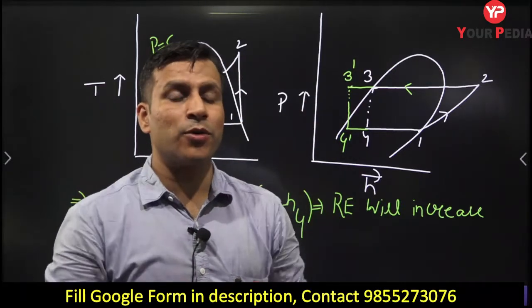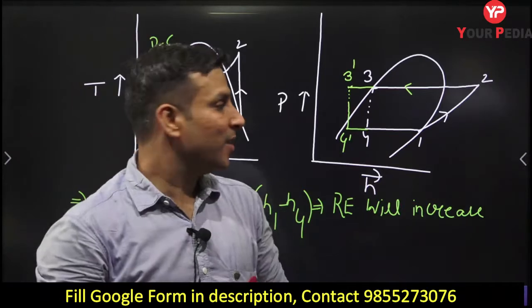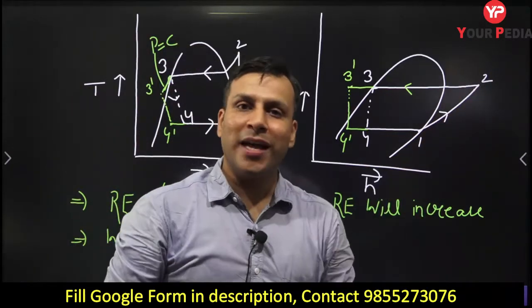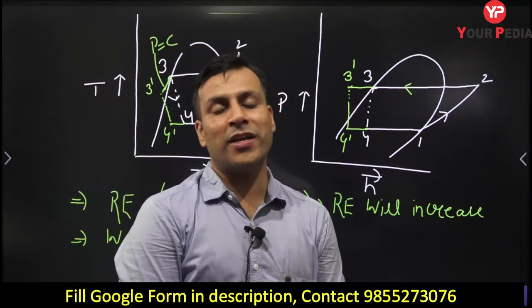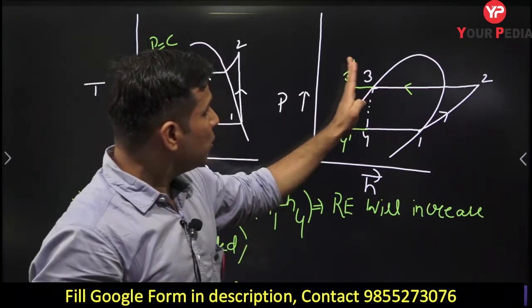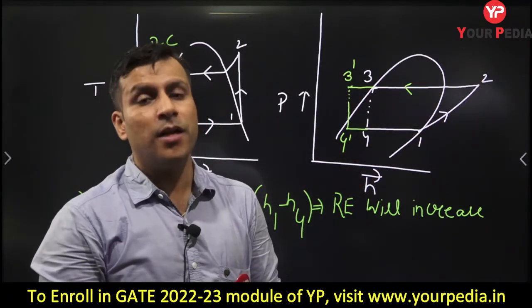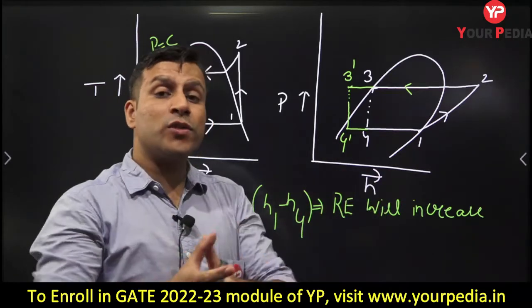Condenser का temperature pressure क्या हो जाएगा? That will increase, and due to that increase in the condenser pressure, the compressor work will increase. You know, condenser pressure बढ़ता है तो compressor work क्या करता है? That will increase. So work will increase only if you are using the same pipeline for the subcooler and condenser. But for that reason we use a separate pipeline.